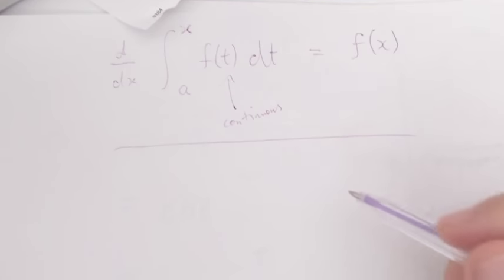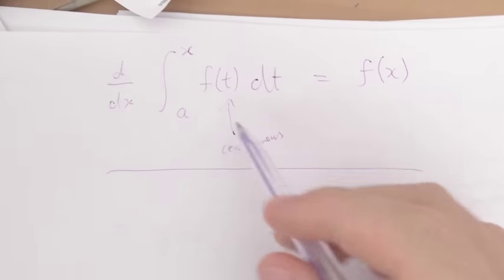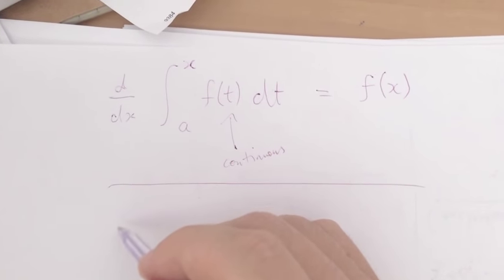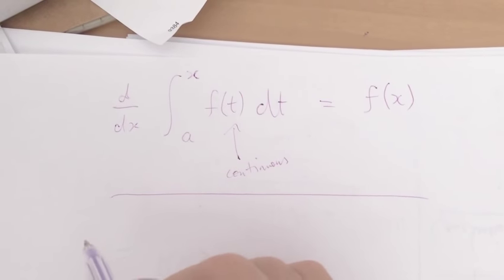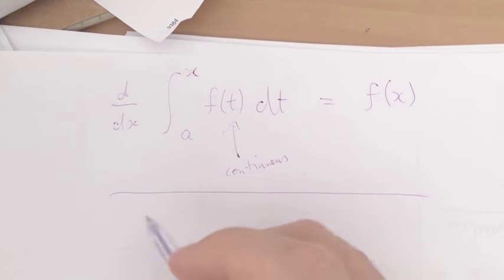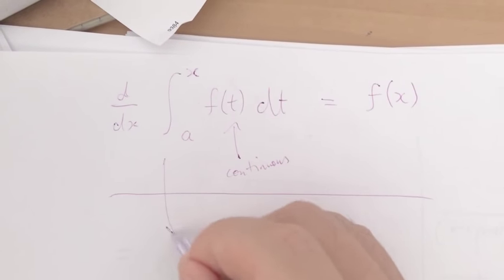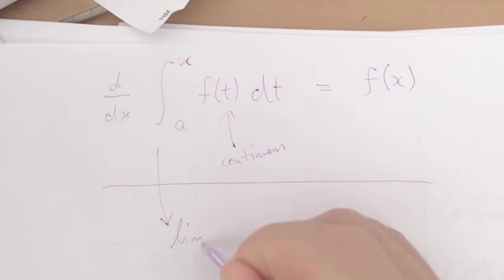So let's start with the definition of a derivative. Okay, so the definition of a derivative is the limit.